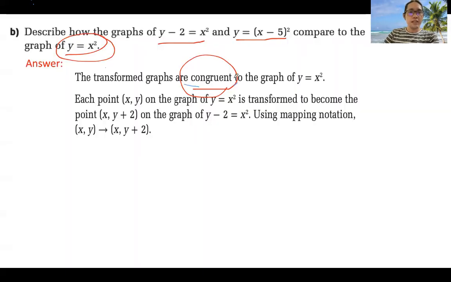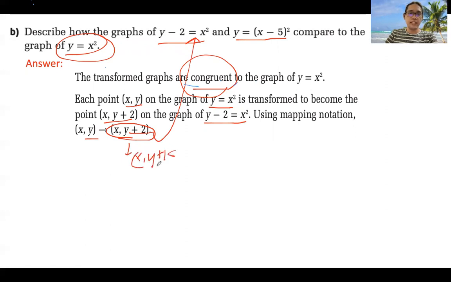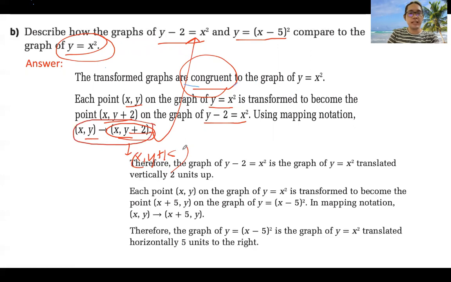Now, each point (x, y) on the graph of y equals x squared is transformed to become the point (x, y plus 2) on the graph y minus 2 equals x squared, using mapping notation. This is from your k. If you still remember, we took this from y minus k, based on the example in the previous slides.